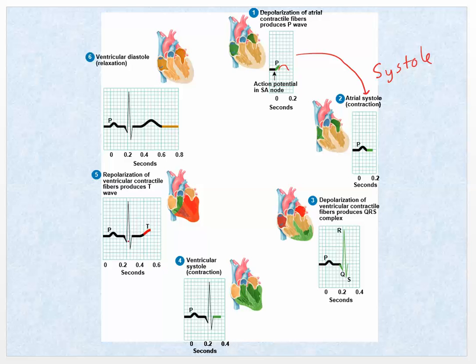And then, following that, you have repolarization of the ventricles, which then causes relaxation, or diastole. Now we left out atrial diastole because it happens at the same time as ventricular systole, or the repolarization happens at the same time as ventricular systole.